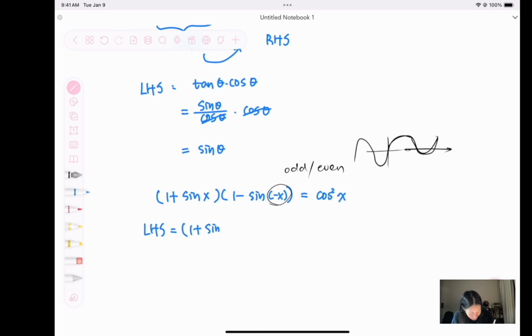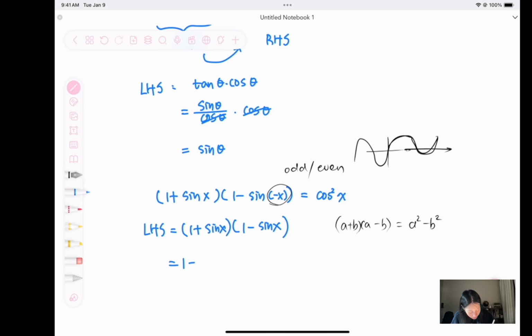1 plus sine x times 1 minus sine x. Okay, this is what? The difference of squares. A plus b times a minus b is equal to a squared minus b squared.